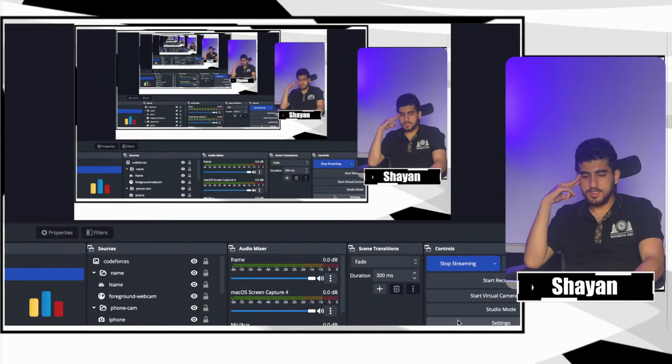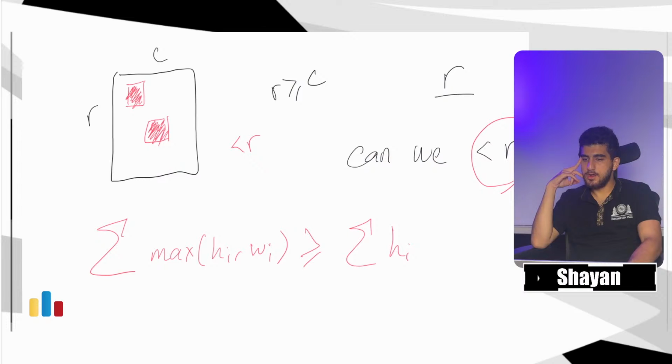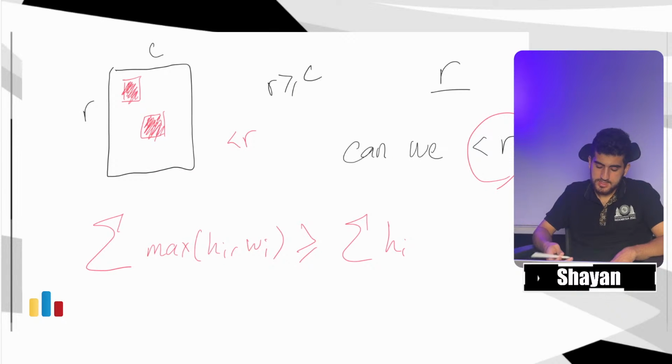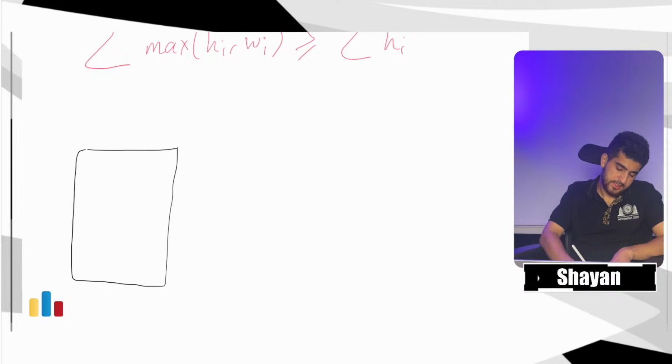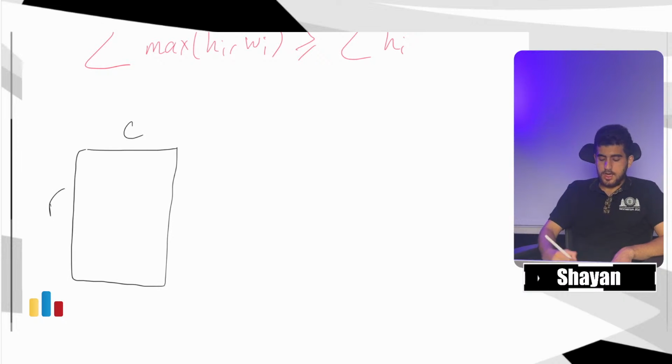If I want my total cost to be less than r, what is my cost? When I have this grid of size r by c, and I choose several subgrids and make them white, what is my cost in each one of them?